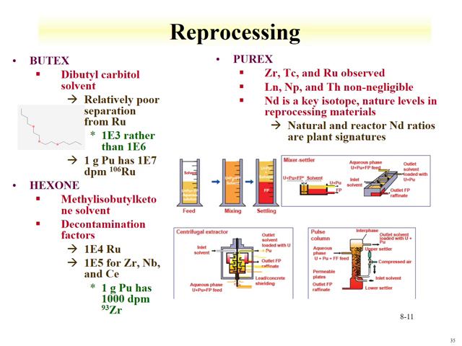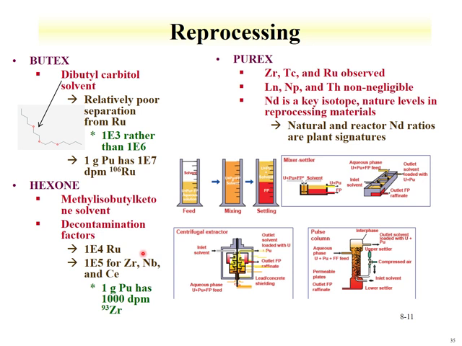Other solvent extraction methods include the Butex process, which uses a butyl carbitol solvent. This is a relatively poor separation of ruthenium. So plutonium that has a relatively large amount of ruthenium-106 in it will indicate that it came from the Butex process, or a Hexone process, which is a separation with methyl isobutyl ketone as a solvent.